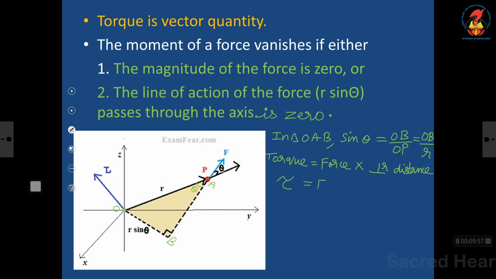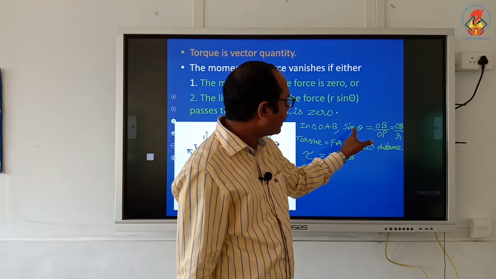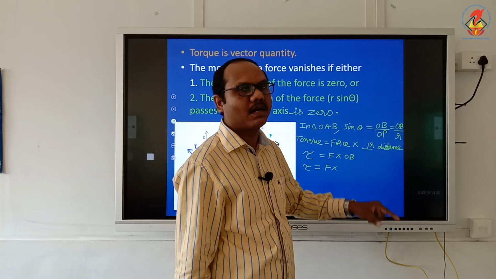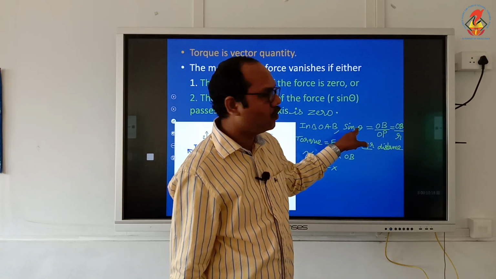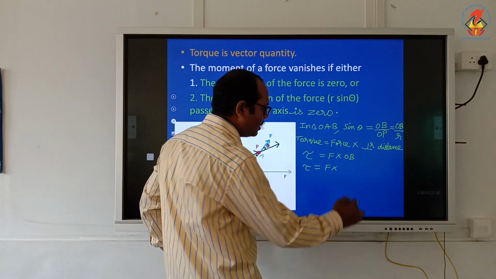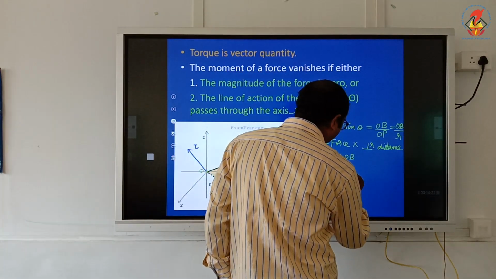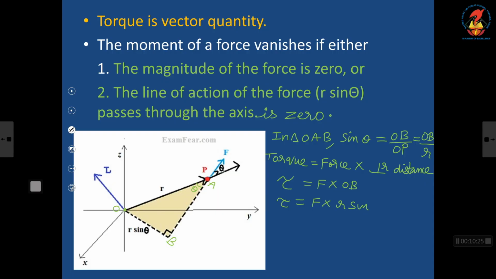Tau is equal to F into OB. This is the perpendicular distance. Now, torque is equal to F into, what is OB from here? Sin theta is equal to OB by r. So, what is OB? Take r to this side. So, OB is equal to r sin theta. Therefore, instead of OB, I write r sin theta.